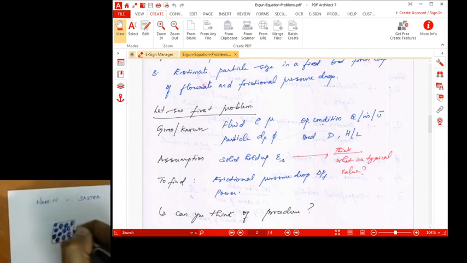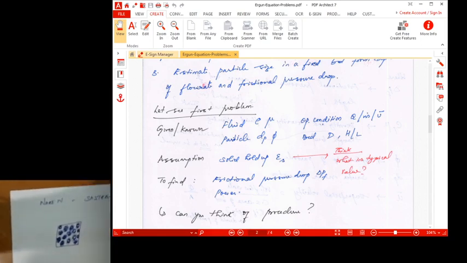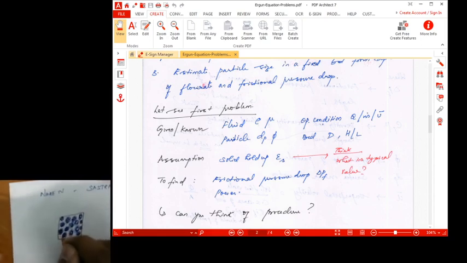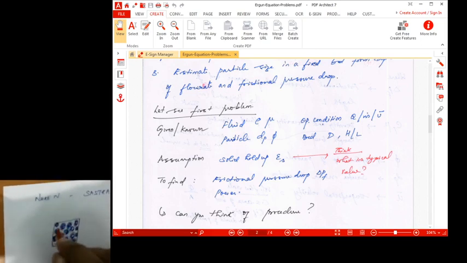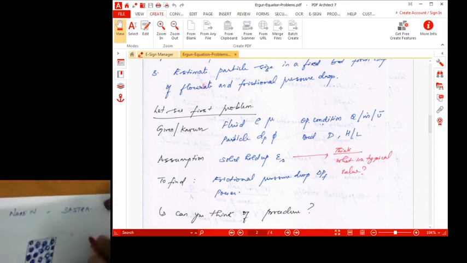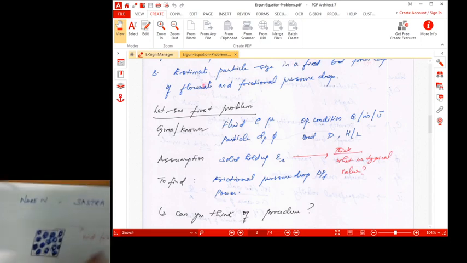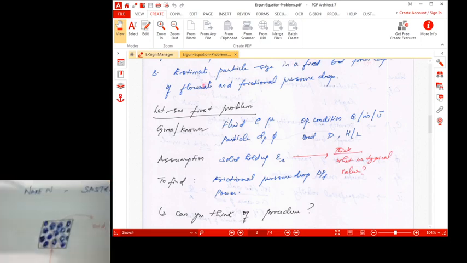So I have filled it. Whatever is the unshaded region in this, let me just mark, this is the unshaded region which I am now showing in dots. This unshaded region is actually the void fraction. What I mean by the void fraction is, if the fluid has to flow, the fluid can only flow through this part.